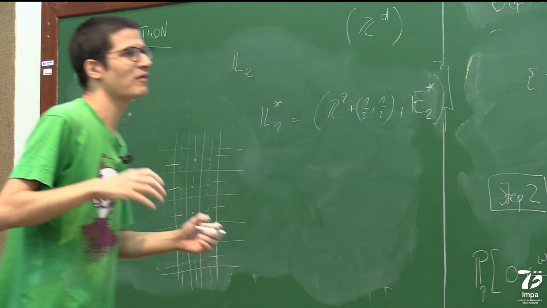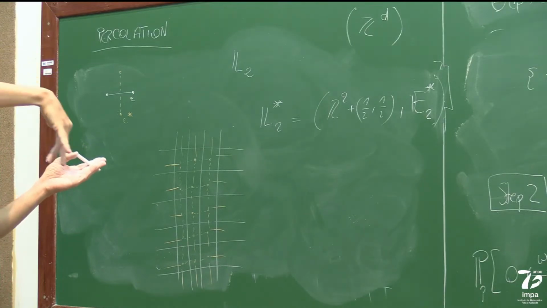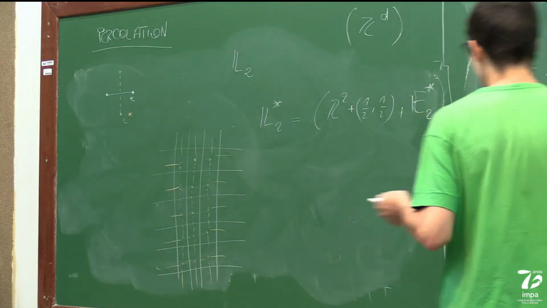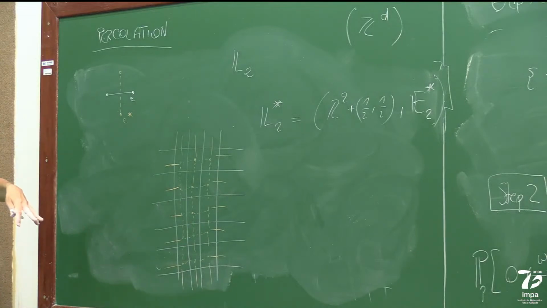Well, in order to have a good bound from above, basically we are going to work with a small parameter, which is 1 minus p. So we are going to consider a percolation process on the dual graph, which has now parameter 1 minus p.